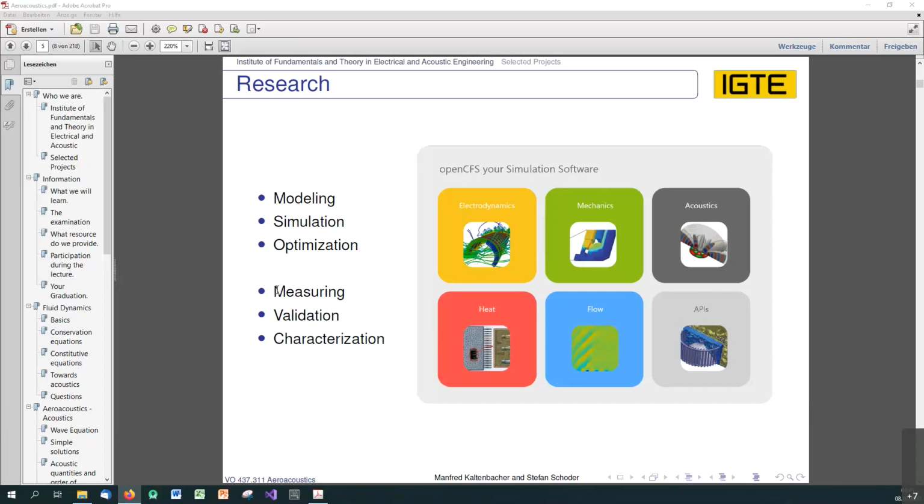Therefore in the research, we do modeling, we do simulations, we do optimizations. We also do measuring, validation, and characterization of materials. So we more or less cover the whole domain of product development, or as it is now called, virtual twin. And that's basically what we do in all of the listed physical fields.